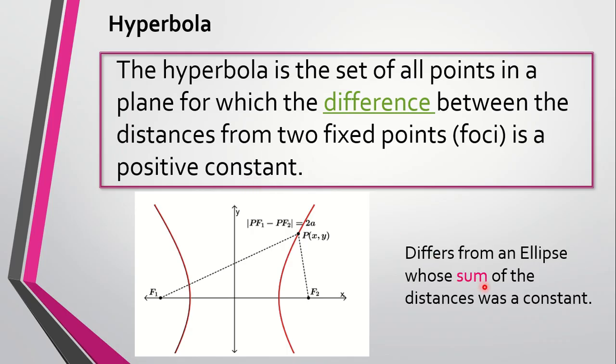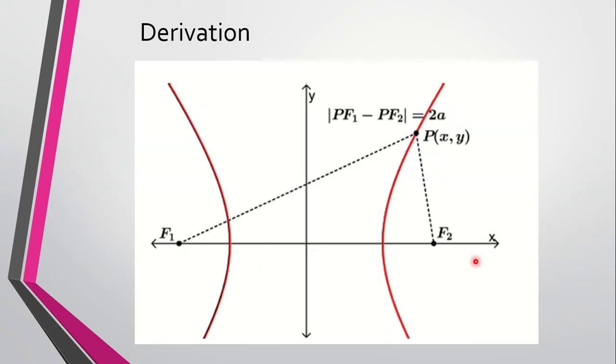So, kay ellipse, yung sum. Kay hyperbola, yung difference. So, ito yun. So, itong distance na to, saka itong distance na to, pag pinag-minus mo yun, yung absolute value is equal to 2a.